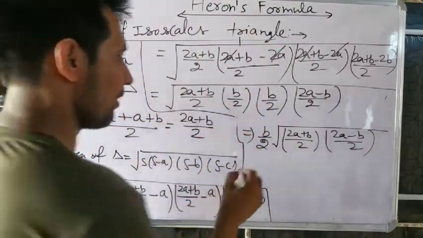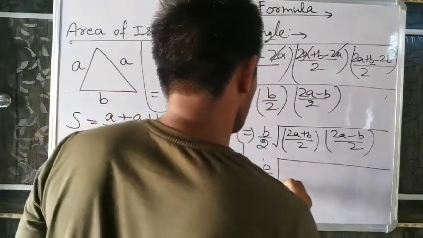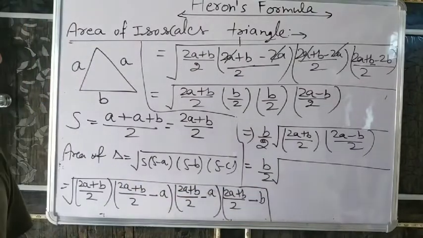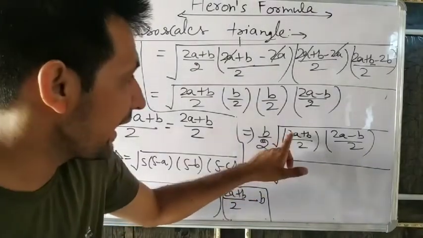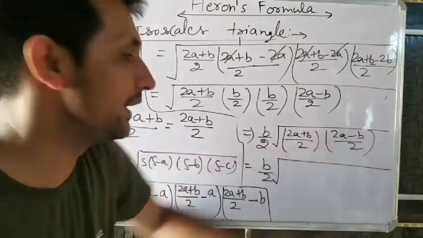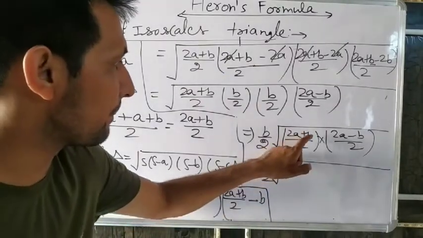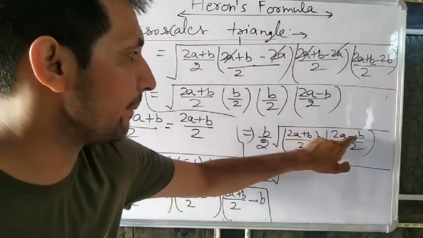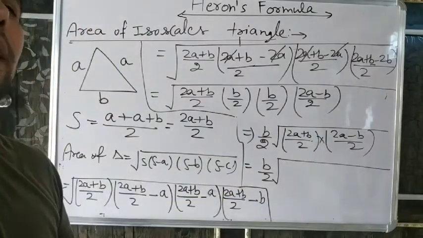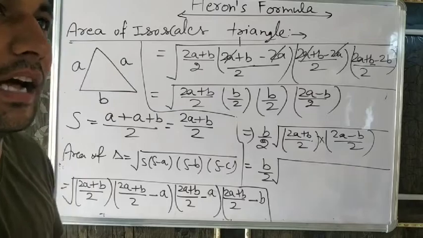Now how will we solve next? b by 2 under the root. Now which formula? How will you open? Yes, 2a plus b and 2a minus b are in multiplication. The formula (x plus y) into (x minus y) equals x square minus y square.